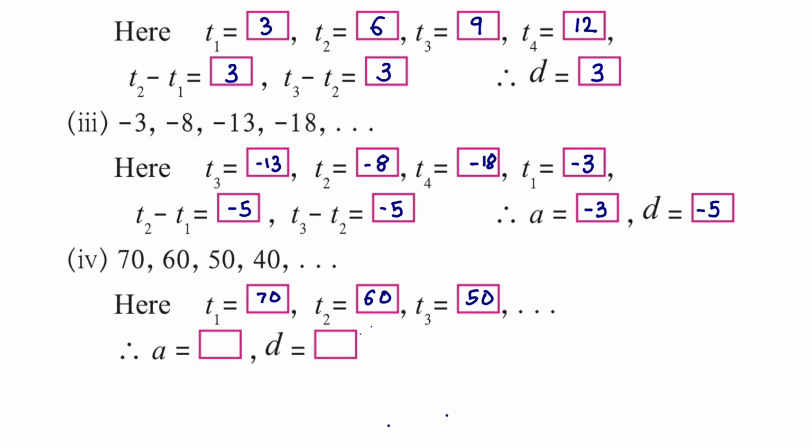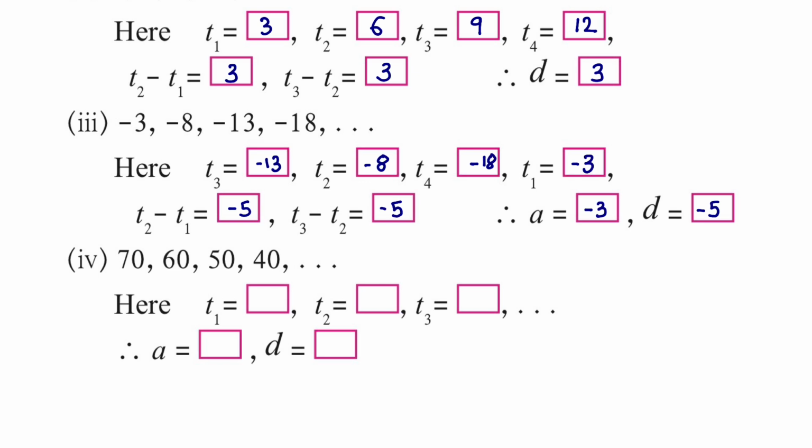Okay, so the first term, which is also A, is 70. Here we have to find the common difference. So how are we going to find the common difference is we are going to subtract the second term from the third.